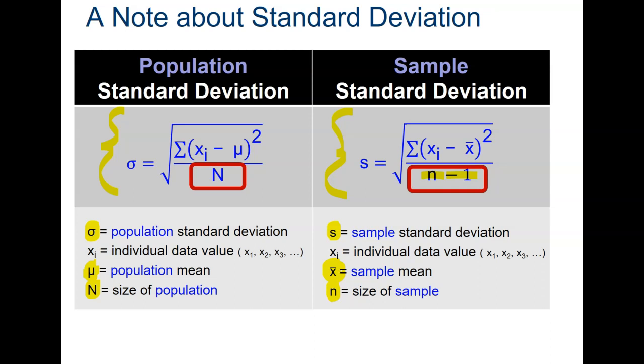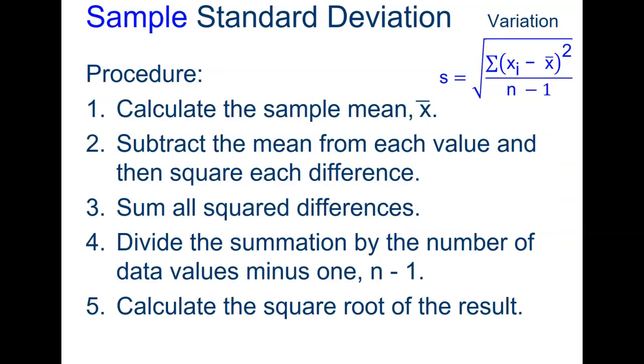And this accounts for uncertainty. Because we didn't measure everything, we have to inflate that sample standard deviation to accommodate for the uncertainty because we did not measure everyone. All right, and it's really, really similar to what we did before.